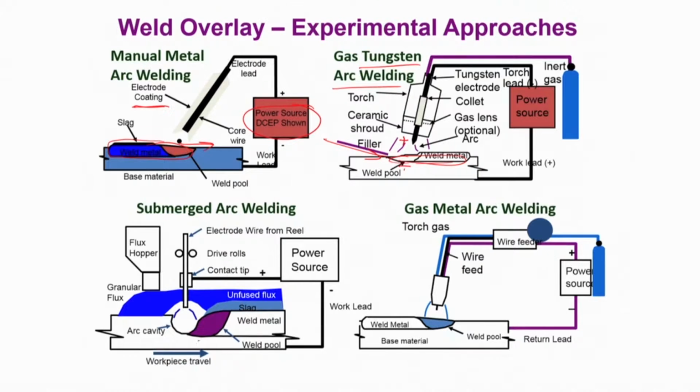You can also have a situation where you have the entire arc submerged. Here you have a solid filler, a solid flux material, powders or some kind of thin layer, and the composition of this flux is such that it reacts with the metal and creates a slag phase, an oxide phase, which is not going to dissolve or be part of the weld zone.